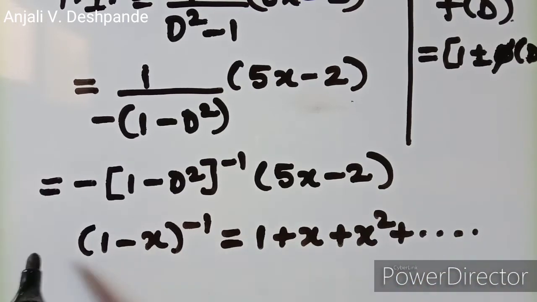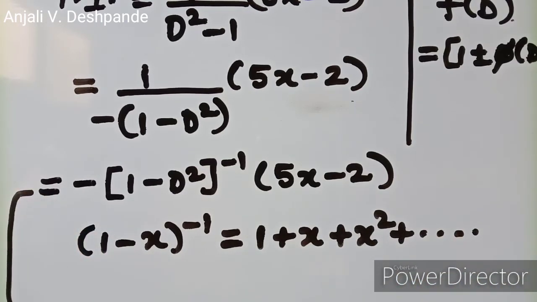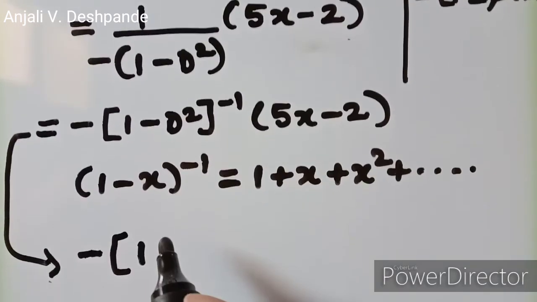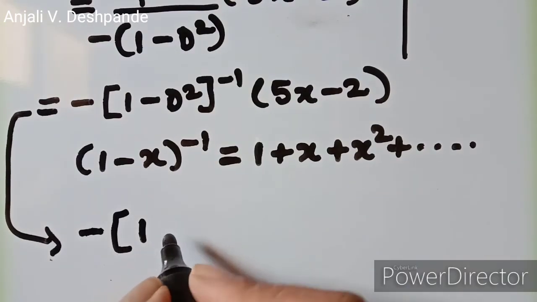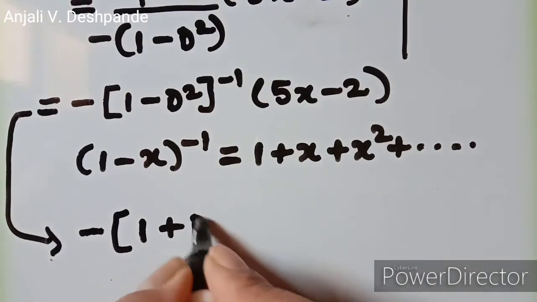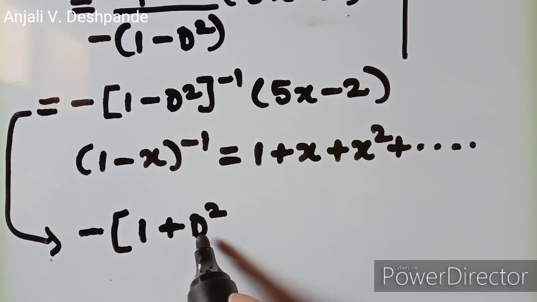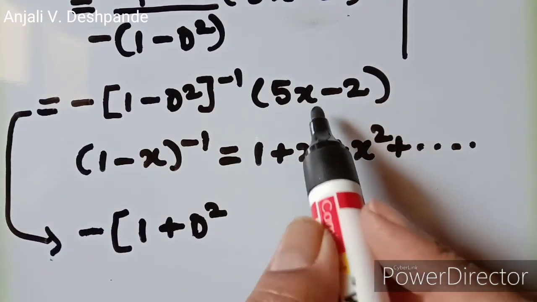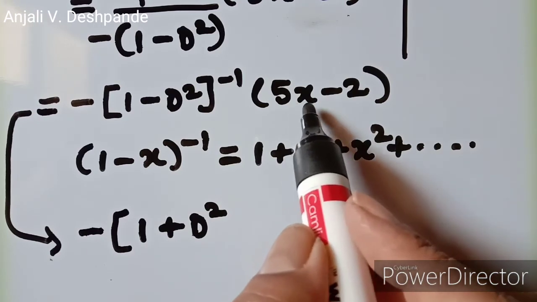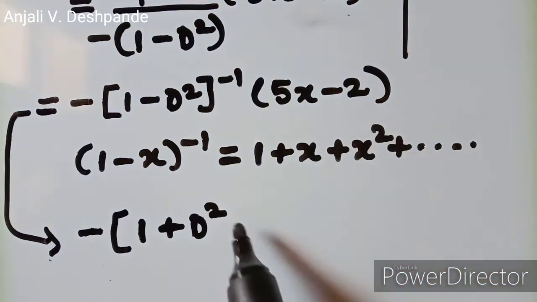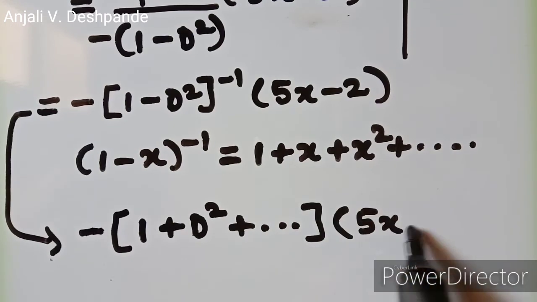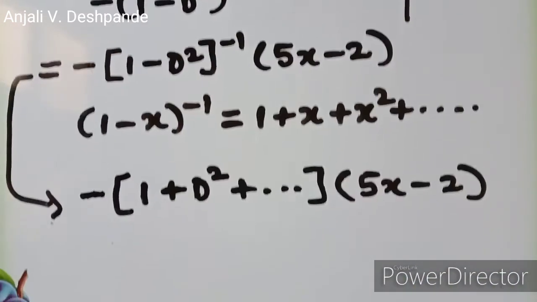So how we are going to write this? We are going to write this as minus into bracket 1. Now x is D² in this particular case, so we will write this as 1 + D². See, D is d by dx, so by looking at this function itself I can make out that we are not going to go anything beyond the first derivative, so therefore I can just stop the expansion over here and write this as 5x - 2.